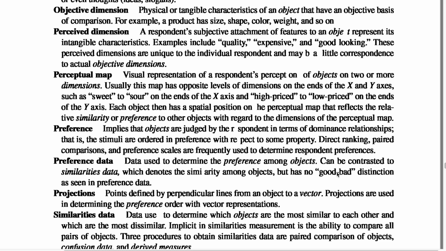Preferences implies that objects are judged by the respondent in terms of the dominance relationship, that is, the stimuli are ordered in preference with respect to some property. Direct ranking, paired comparison, and preference scales are frequently used to determine respondent preference.